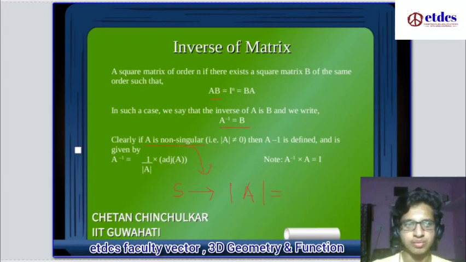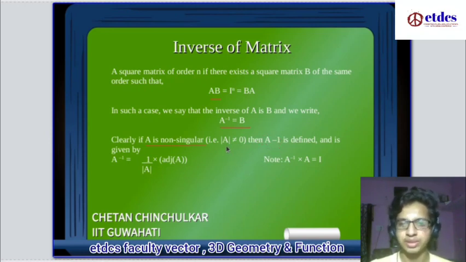Okay, so why can we find the inverse only of a matrix whose determinant is non-zero? Because the determinant is in the denominator, and 1 upon 0 is not defined anywhere.